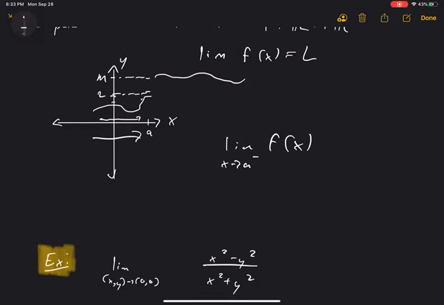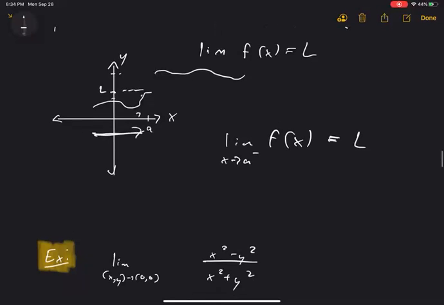Even in this case where there's a jump, we can say that the limit from the left side exists, right? When we're approaching A from this side, the limit from that side is equal to L. So this left-hand limit exists.